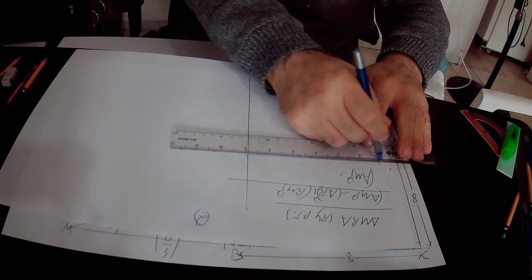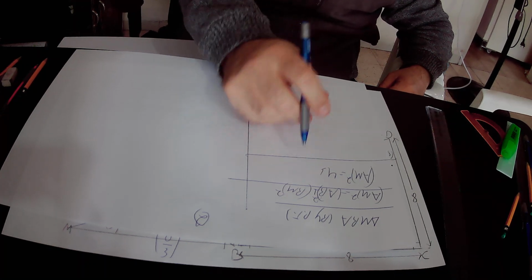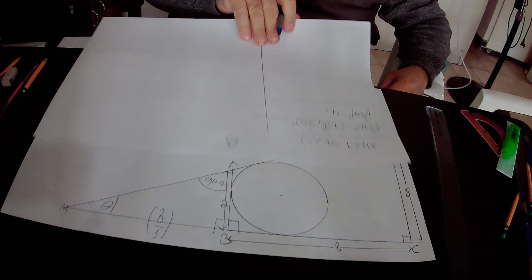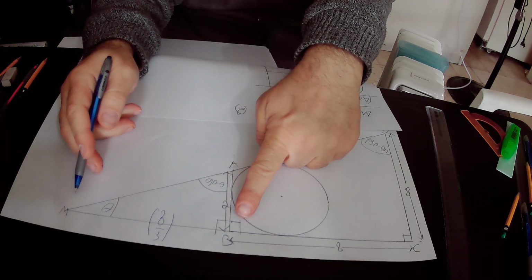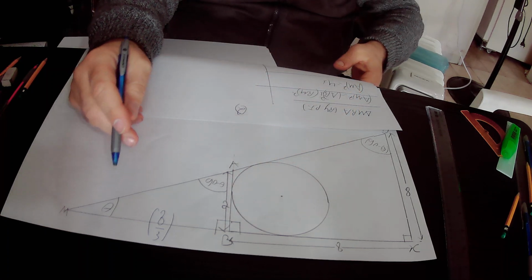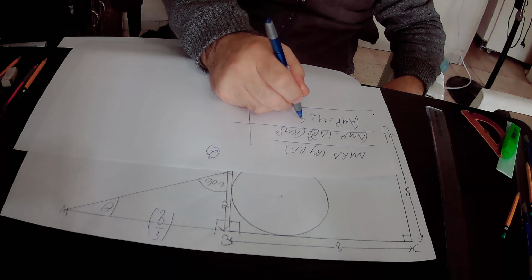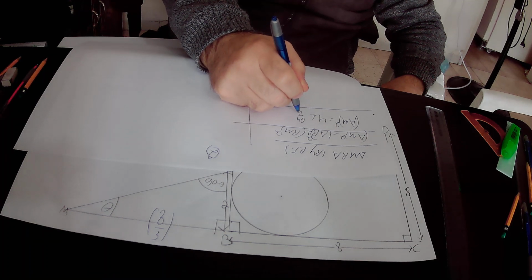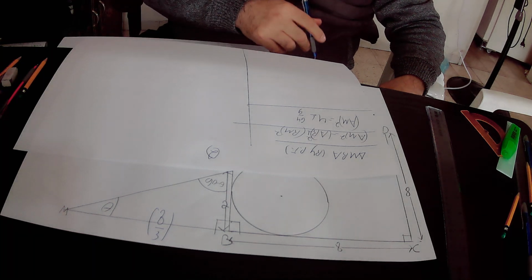AB is 2, therefore AB squared is 2 squared, that is 4, plus BM squared. We just found that BM equals 8 over 3, therefore BM squared is 8 over 3 squared, which is 64 over 9. So in conclusion, AM squared equals 4 plus 64 over 9.